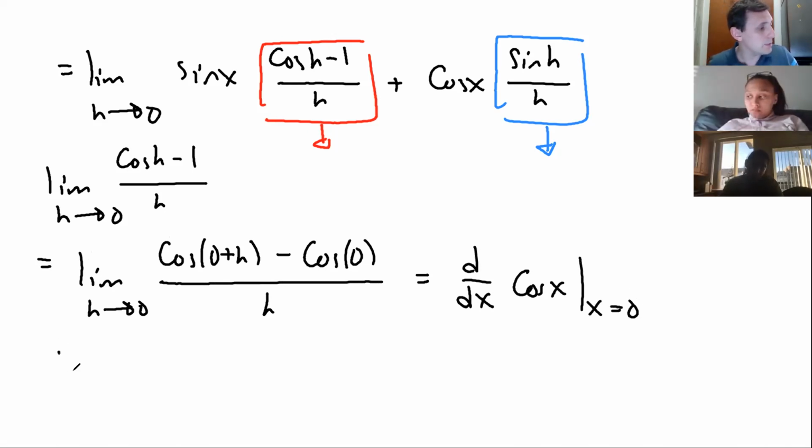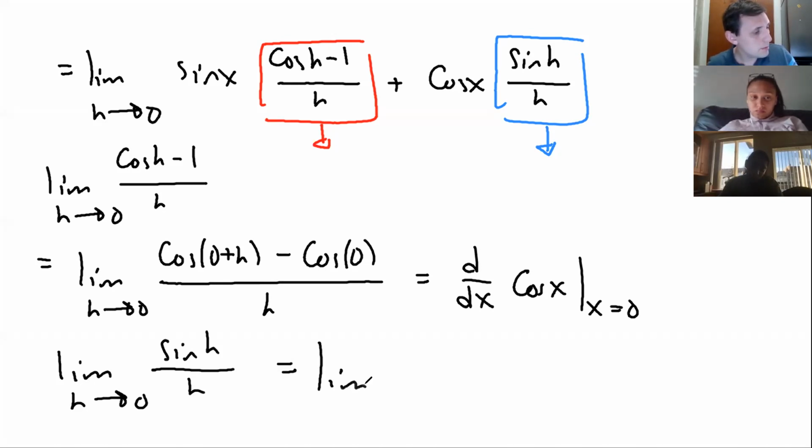And the second limit is the same idea. It's the derivative of sine at 0, guys. Very important to recognize such things. It's really, in this class, we're doing exactly the same thing. We're just, when the limit is difficult, it's really a certain derivative.